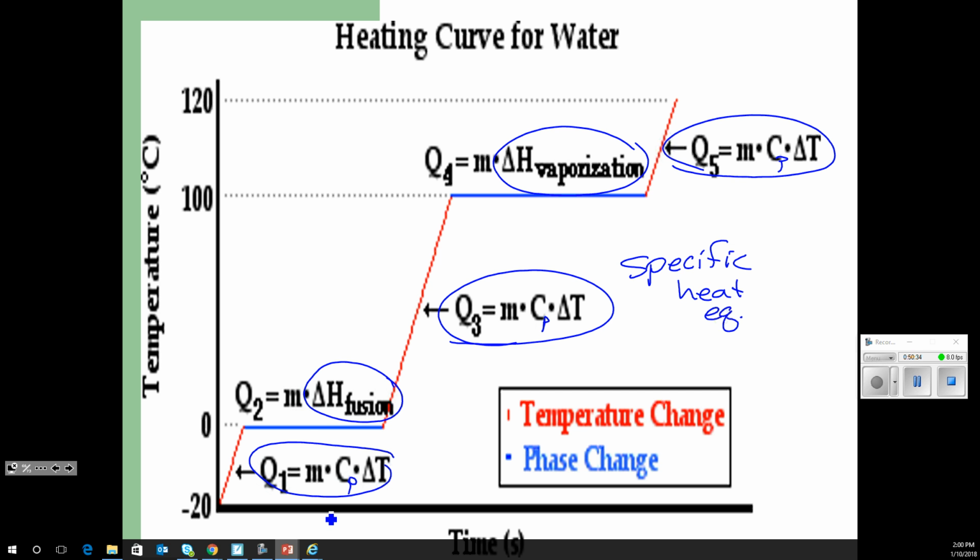Now, they can also use delta H vap or delta H V, and delta H fusion or FUS, or just delta H F. Sometimes they like to use the FUS here because we also have delta H of F, which is delta H of formation. So that gets a little mixed up. But we'll be using this when we come next time to do some calculations.